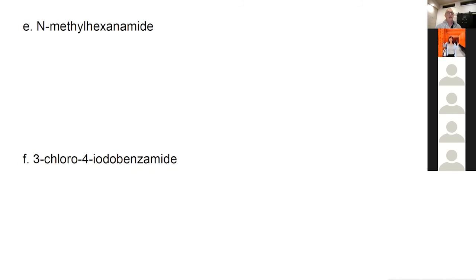All right, so N-methyl hexanamide. So what is the base for this one? Six carbon amide. Right, we have a 6-carbon amide. So 1, 2, 3, 4, 5, 6 carbons.